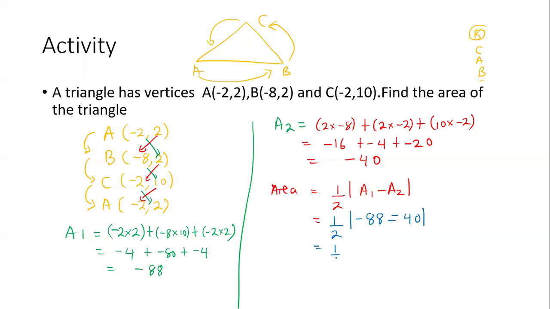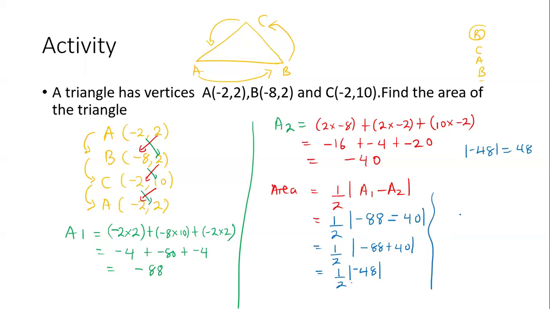Now, this would be 1 out of 2 magnitude negative 88 plus 40, which will give us a negative 48. But since we have the magnitude, it absorbs the negative. So the magnitude of negative 48 is the same as 48.